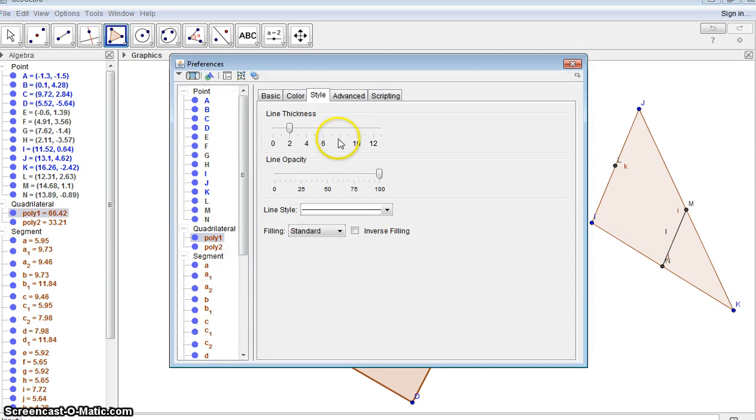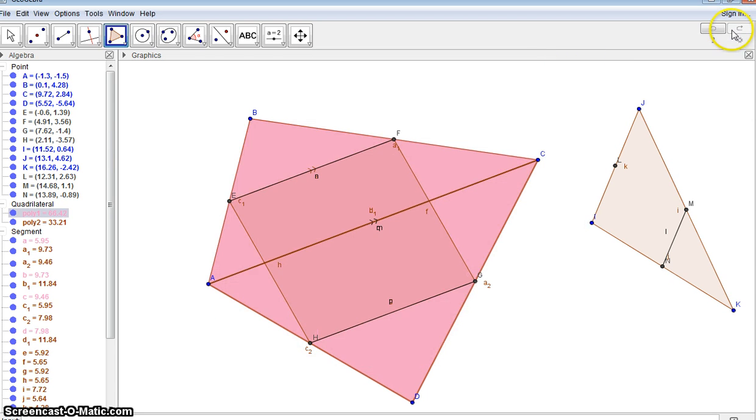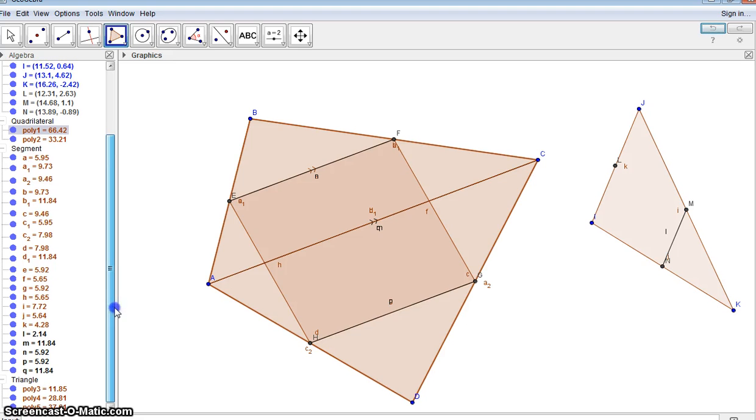Properties of ADC. I hope I'm in the triangle. I think I am. Nope, I'm in the whole figure. So let's go to figures. Quadrilateral, segment, polygon. Nope, it's this one that I want.